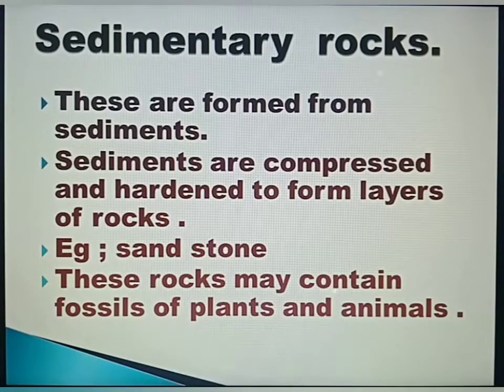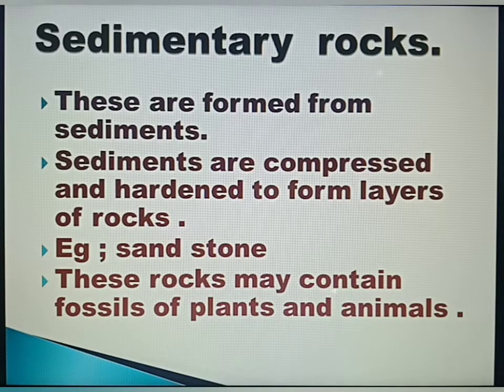Next type of rock is sedimentary rocks. The rocks roll down, crack and hit each other and are broken down into small fragments. These small particles are called sediments. These sediments are transported and deposited by wind, water, etc. These loose sediments are compressed and hardened to form layers of rocks.